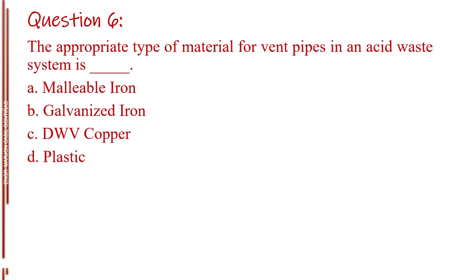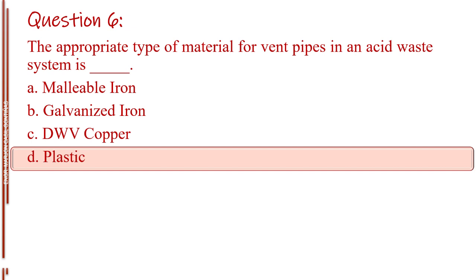Question number 6. The appropriate type of material for vent pipes in an acid waste system is blank. Letter A, malleable iron. Letter B, galvanized iron. Letter C, DWV copper. Letter D, plastic. The answer is letter D, plastic.